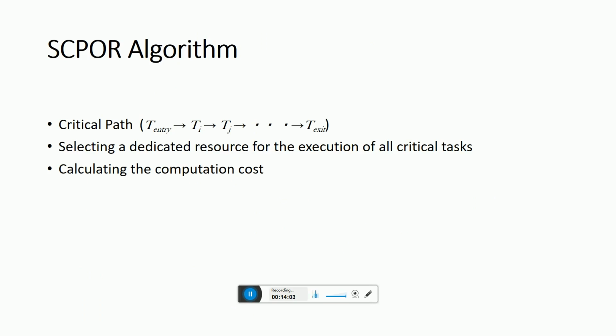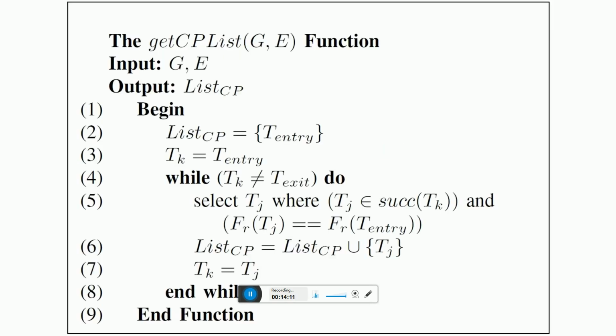RC is exclusively used for critical tasks until all of them are scheduled. And here is the pseudocode for how we create list CP.